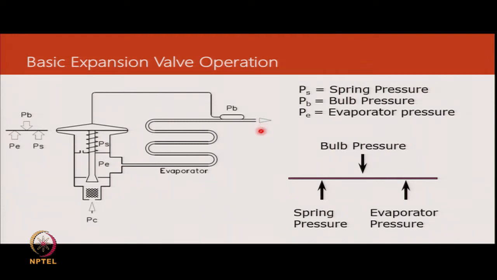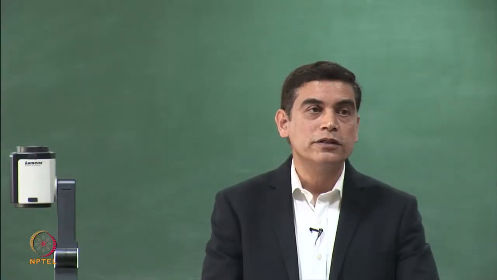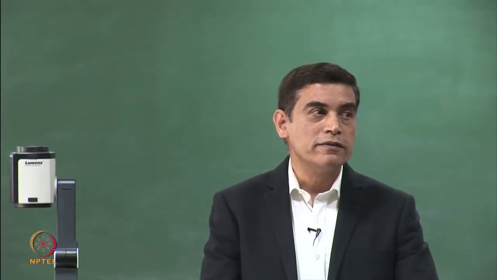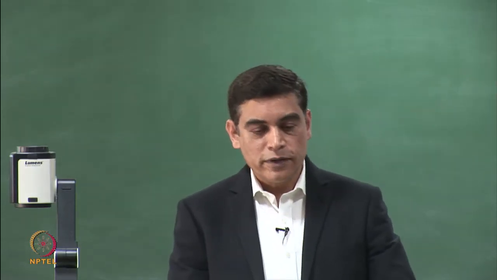We kind of assumed that the pressure here and the pressure here is almost the same, which will be true for some systems which are simple systems, and therefore using an internally equalized expansion valve is fine. But when there is a large pressure drop and there are evaporators which have a liquid distributor, which I mentioned before, then the pressure drop is significant for us to move to an externally equalized expansion valve.